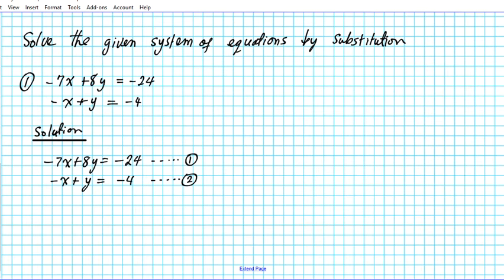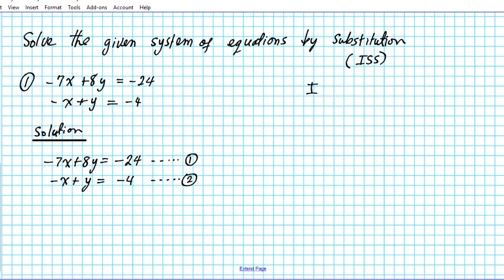So the substitution method involves the steps that can be captured by the acronym ISS. So whenever you have solved systems by substitution, think about the ISS procedure. Okay? So what does ISS mean? Well, I means isolate. You want to isolate one of the variables.